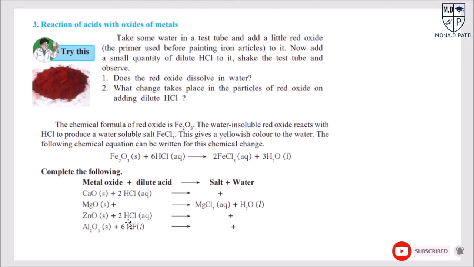Zinc oxide reacts with hydrochloric acid, it forms zinc chloride and H2O. Aluminium oxide reacts with hydrogen fluoride, then it will obtain aluminium fluoride and H2O. So this is the reaction of acid with oxide of metal. So when acid reacts with oxide of metal, it forms salt and water.